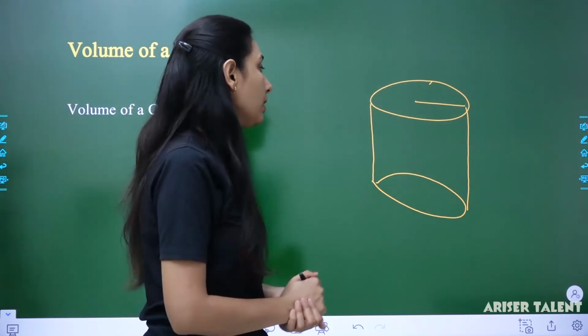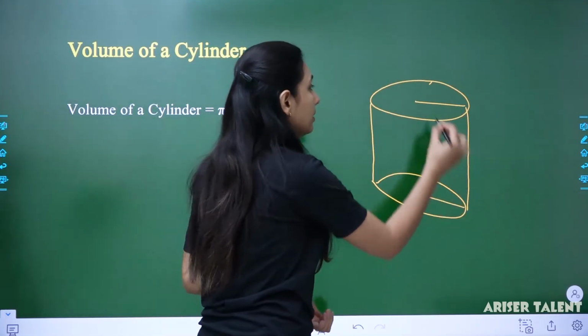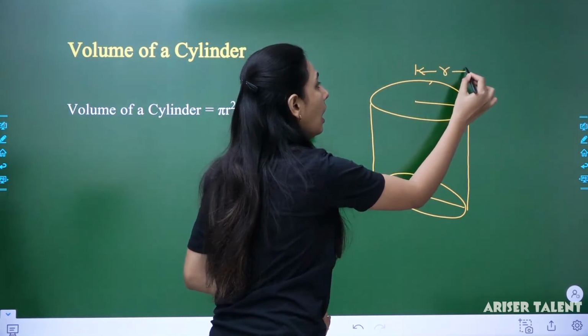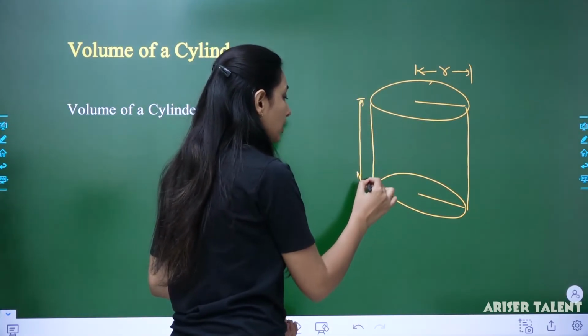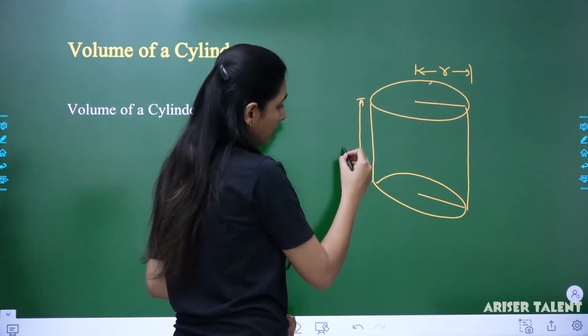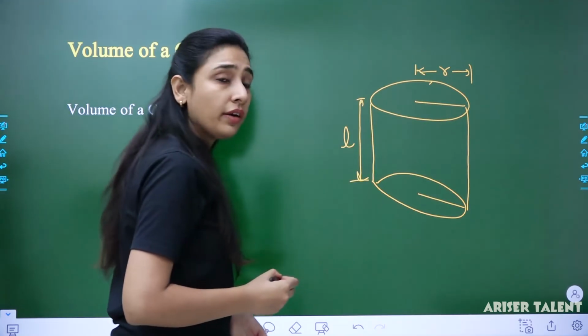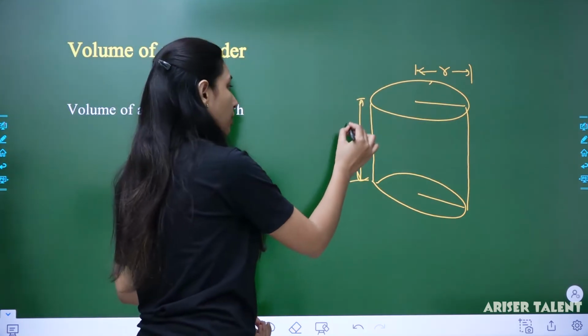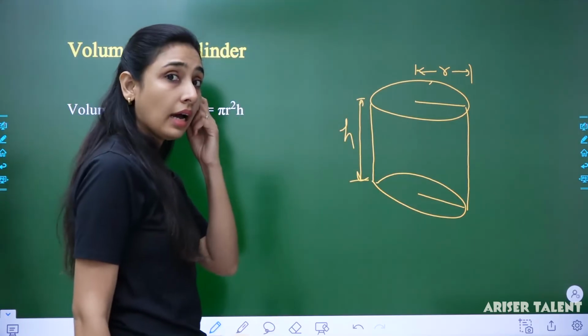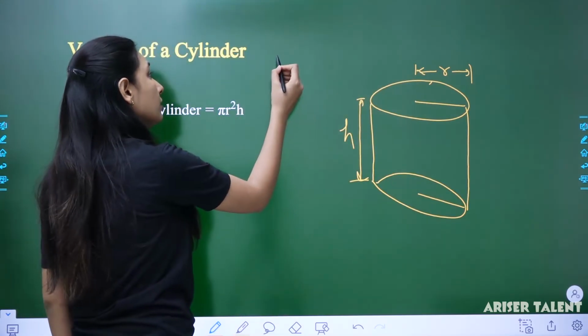Okay, so in that case, this was r, the radius, and this was the length of it, or you can say the height of it. We assumed it as height. We talked about surface area.